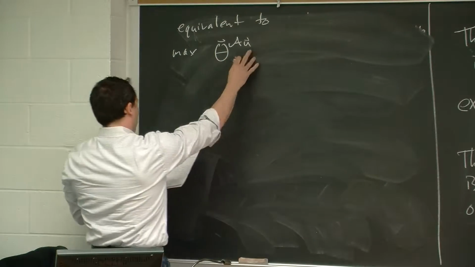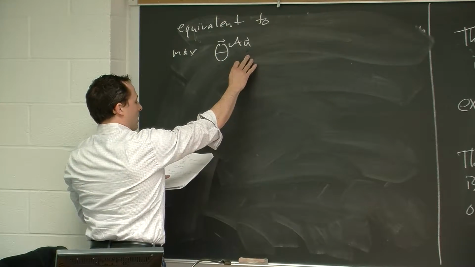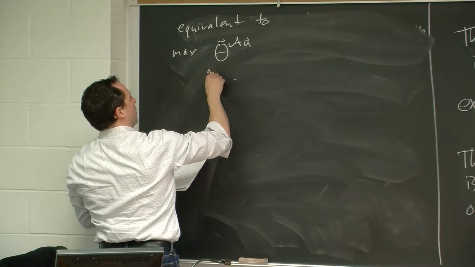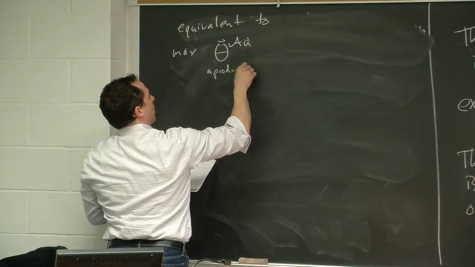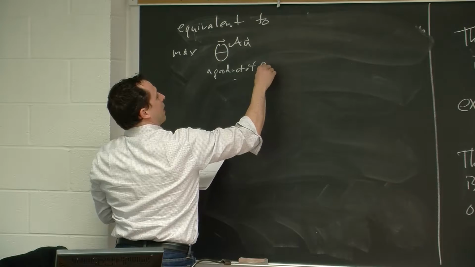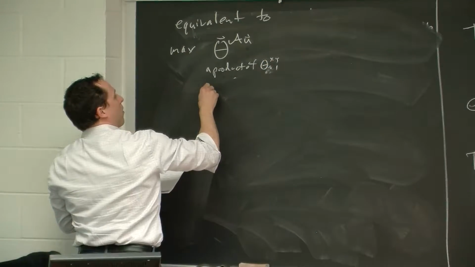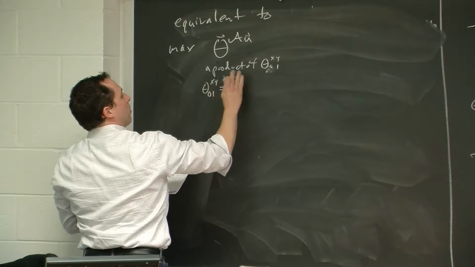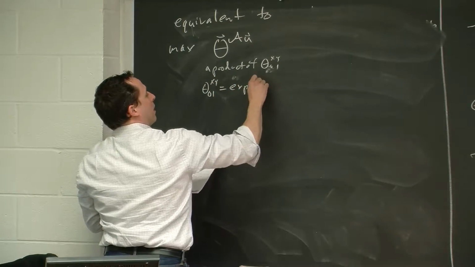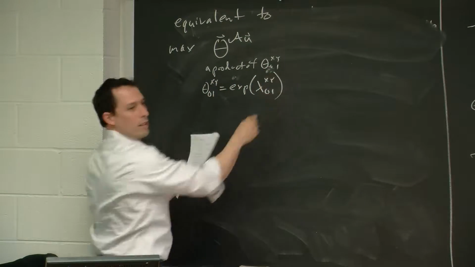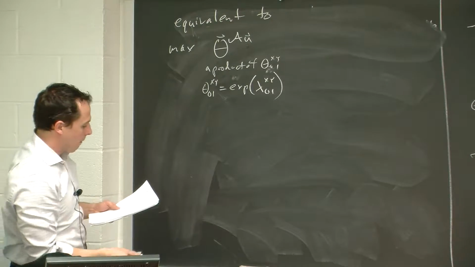So this is a product of thetas, each of which is an exponential, right? Product of thetas, like theta xy 0, 1, where theta xy 0, 1 is just exp lambda 0, 1 xy in the other notation. Okay?